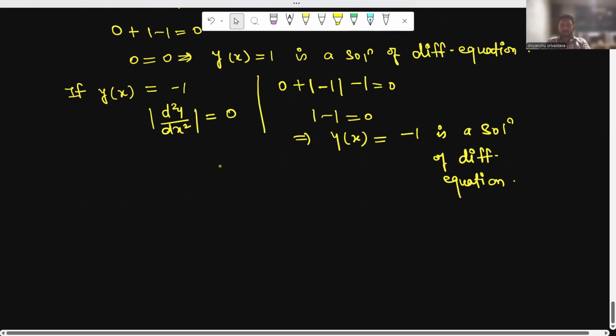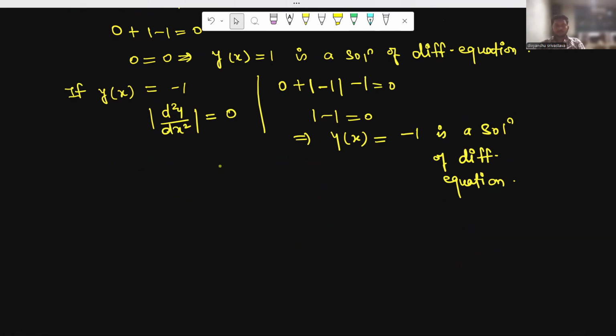Now, the last thing is, if y is not equal to plus or minus 1, and y is equal to c, then how to solve this?